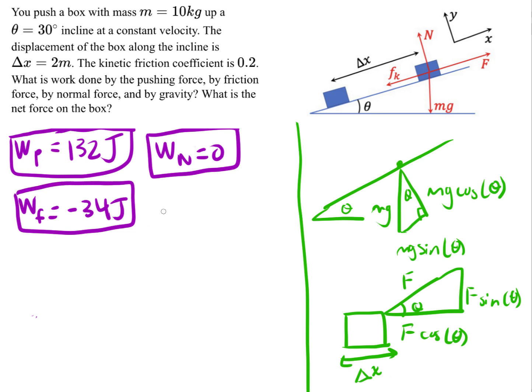And then now we have another part. We still need to solve for the work done by gravity. So the work done by gravity is basically the force of gravity times the displacement. So the work done by gravity is simply the force of gravity acting on it, so minus mg sine theta.